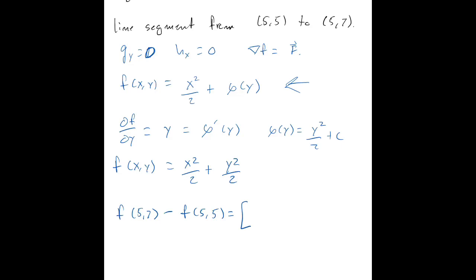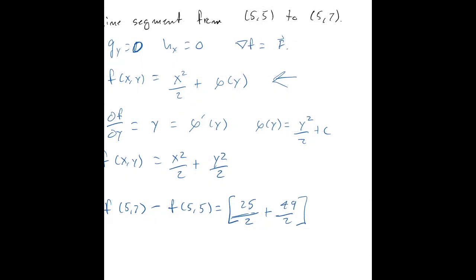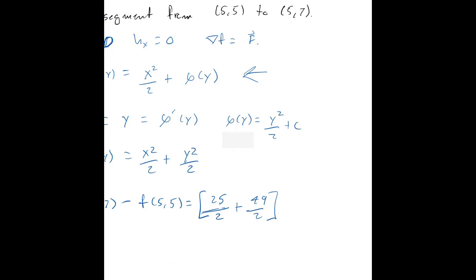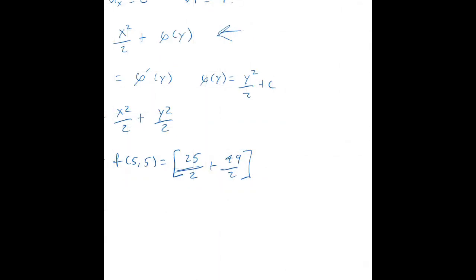If we evaluate little f at (5, 7), we get 25 over 2 plus 49 over 2, and then we subtract little f of (5, 5), so that's minus 25 over 2 minus 25 over 2.